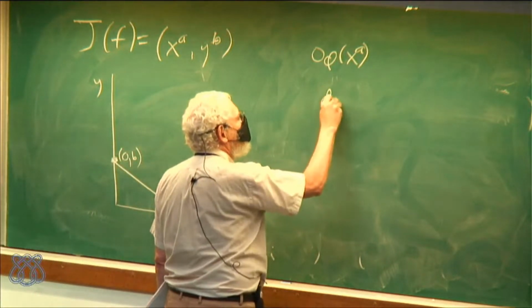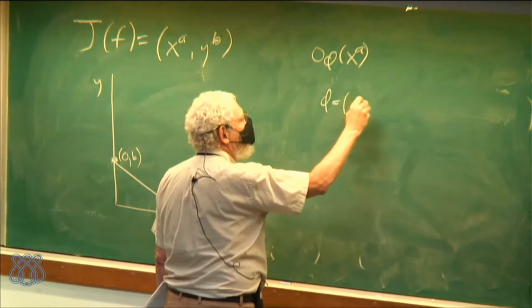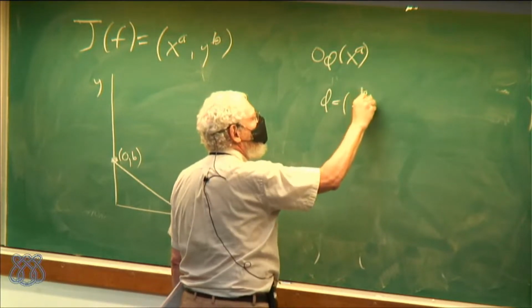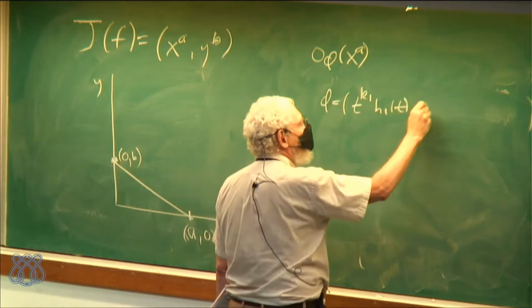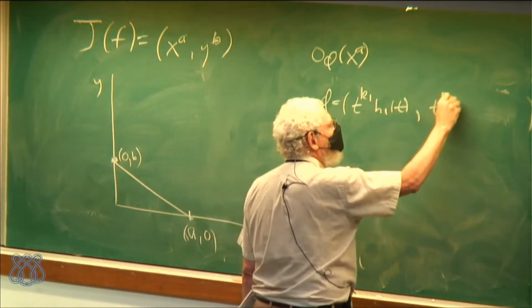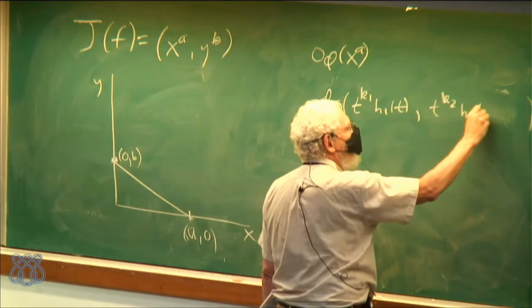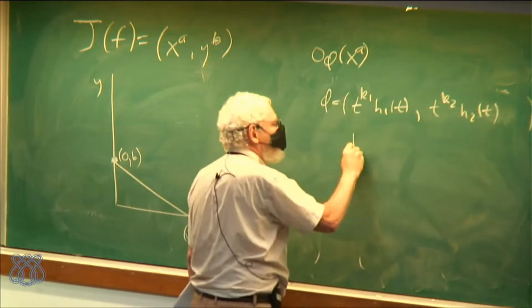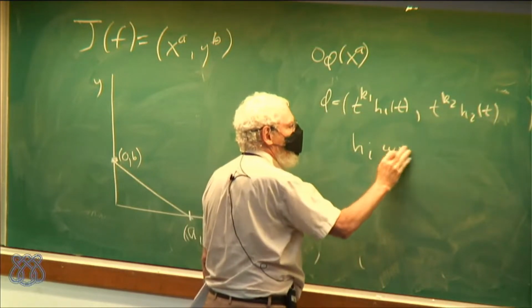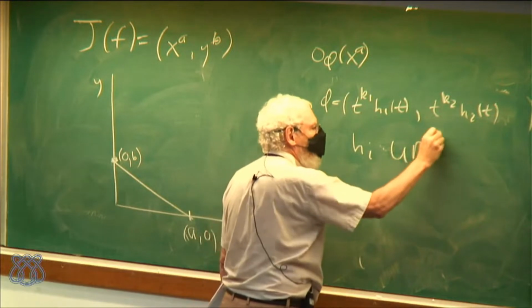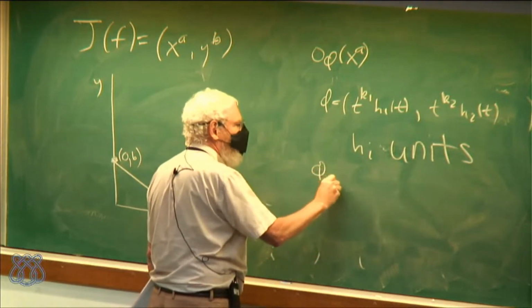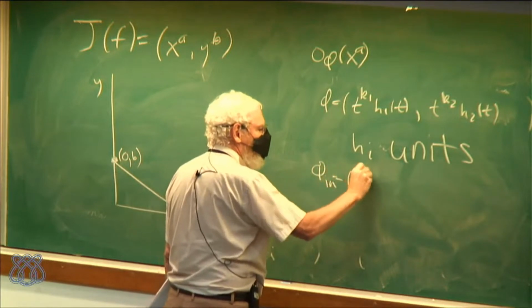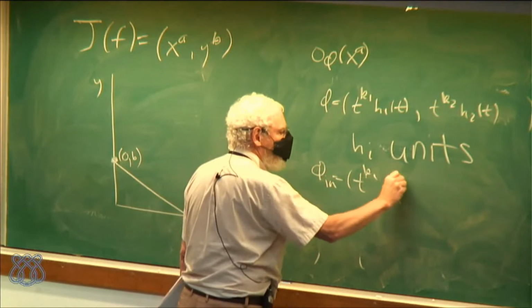If phi is equal to (t^k1 h1(t), t^k2 h2(t)), with the h_i units, then the initial part of phi is (t^k1, t^k2).